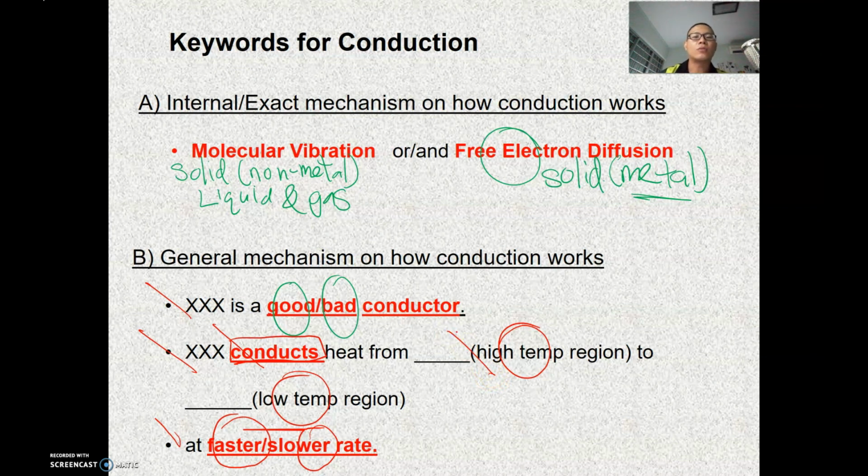These 3 keywords give a good presentation to the marker to say that the students know what conduction is and how conduction takes place in that particular application. I hope this gives a good wrap up or a good summary of how conduction works in a particular object or a particular medium.